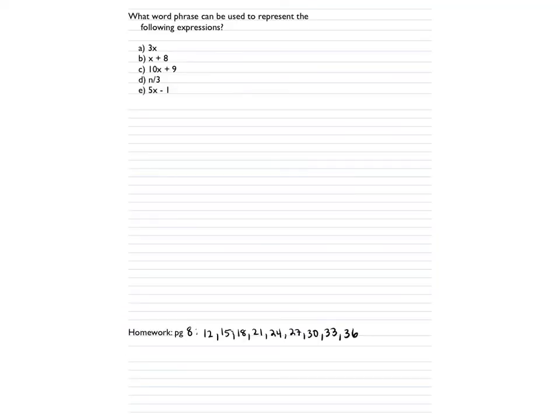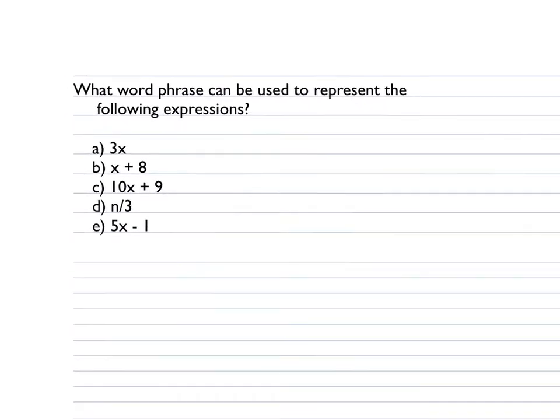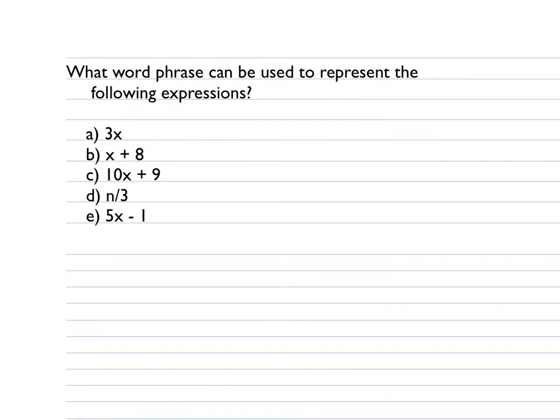Okay, last page. So now we're going to go from the expression to the words. And a lot of times, just double check. The book is assuming that you know that product is multiply. I shouldn't be using the x when I'm telling you not to use the x, right?